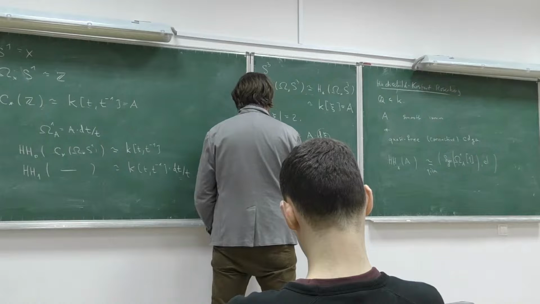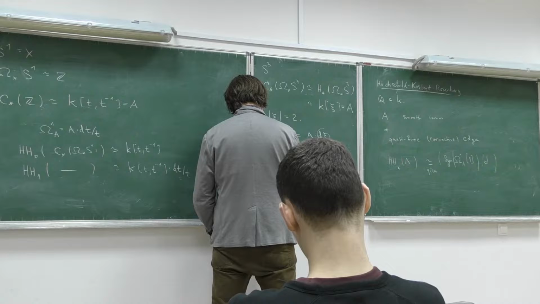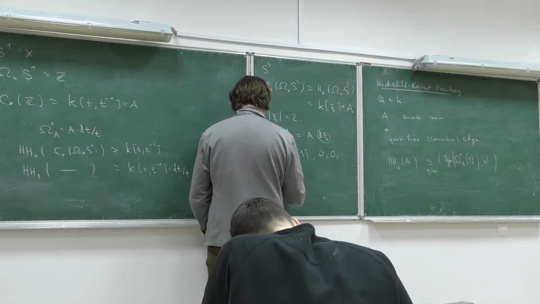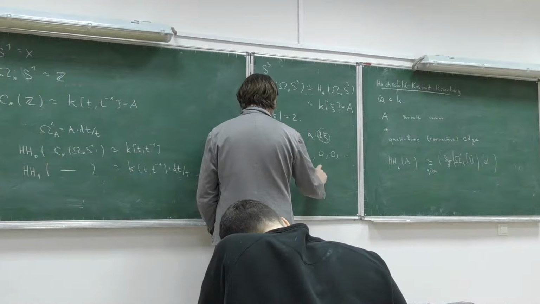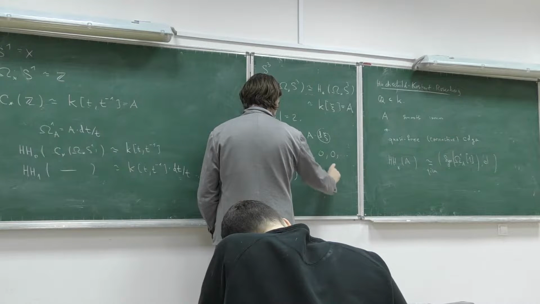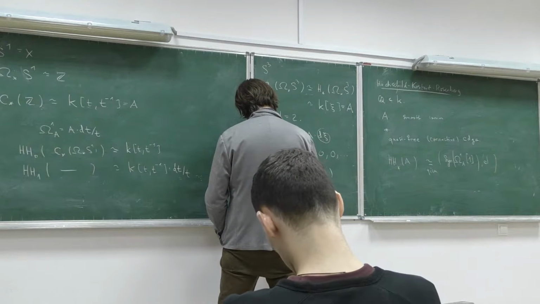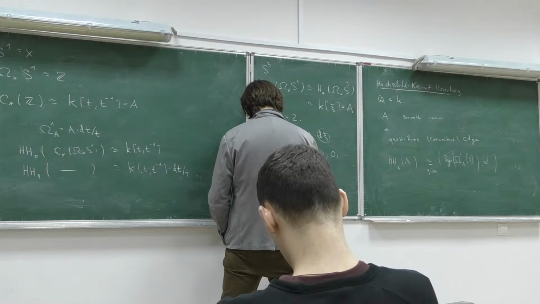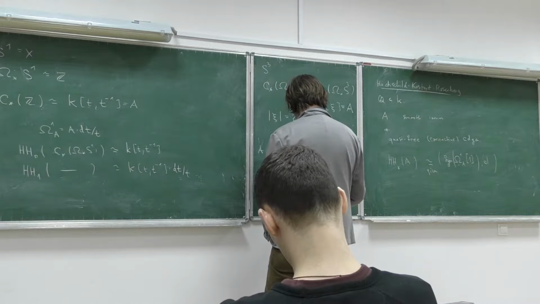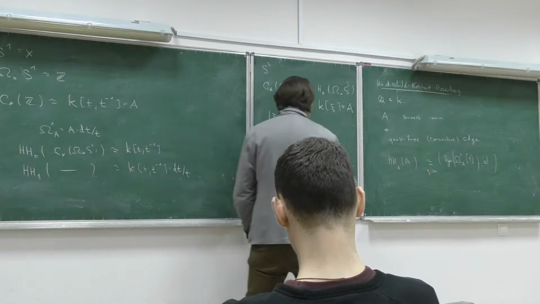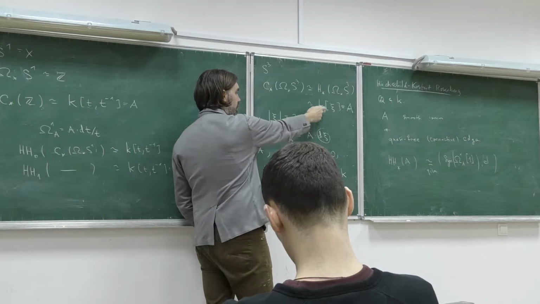And so the homology of this would look like: the homology of A would be actually the zeroth homology of A, because there's no zeroth homology of this, I shifted it. HH1 of A would be H1 of A, which is 0. So this is K. There's no H1 here because it has an even generator.